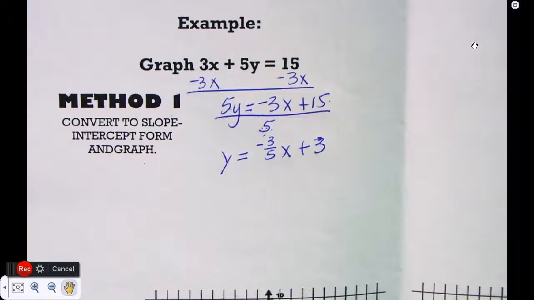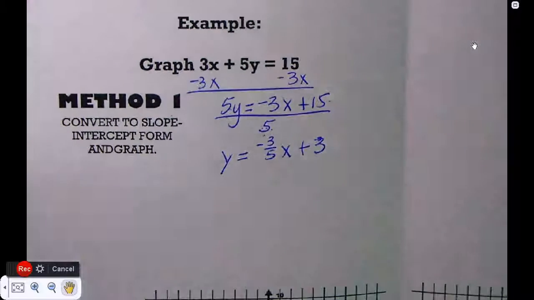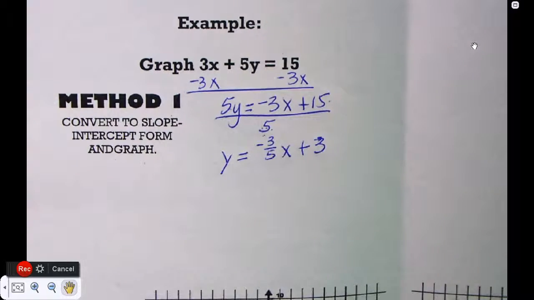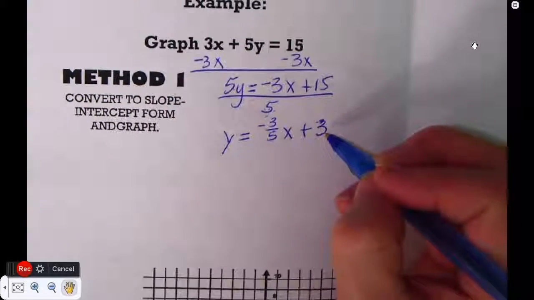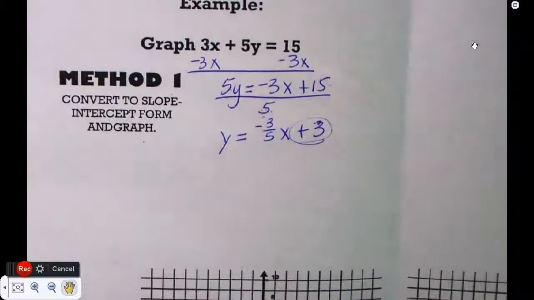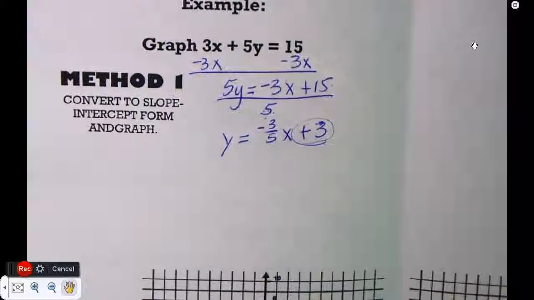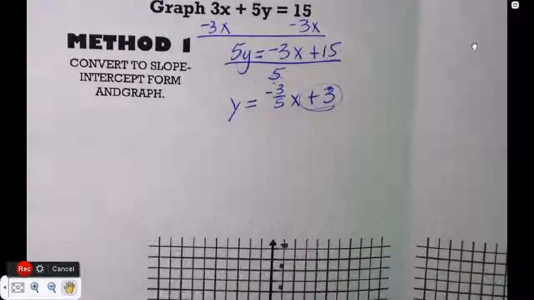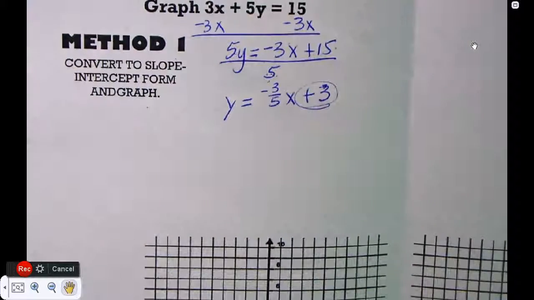Okay, now we're going to go graph it. We could go get our calculator and get some points off of the calculator, but it's really easy. Okay, what is 3? Our y-intercept. See, guys, we're hunting 2 points so we can connect and make a line.